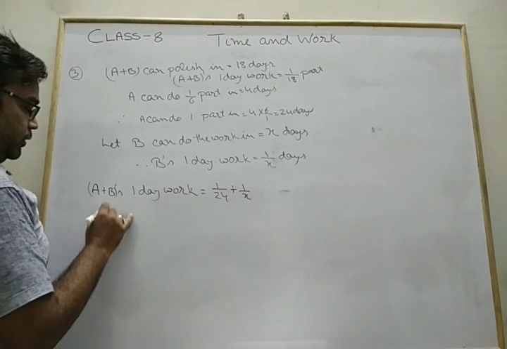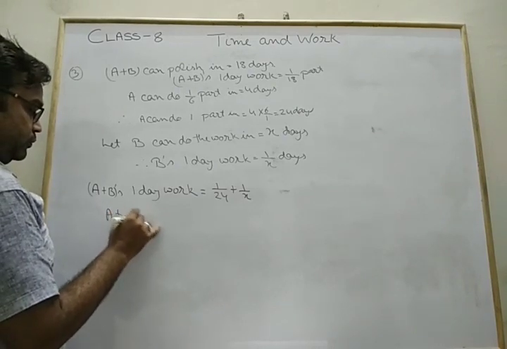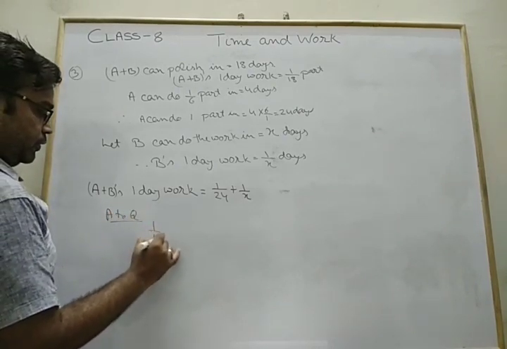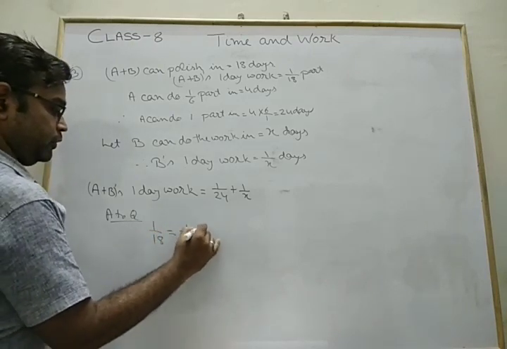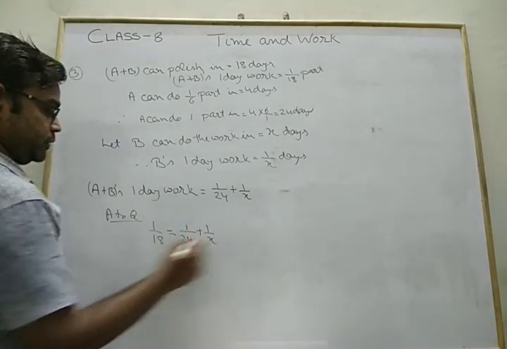So according to the question, 1 upon 18 equals 1 upon 24 plus 1 upon X.